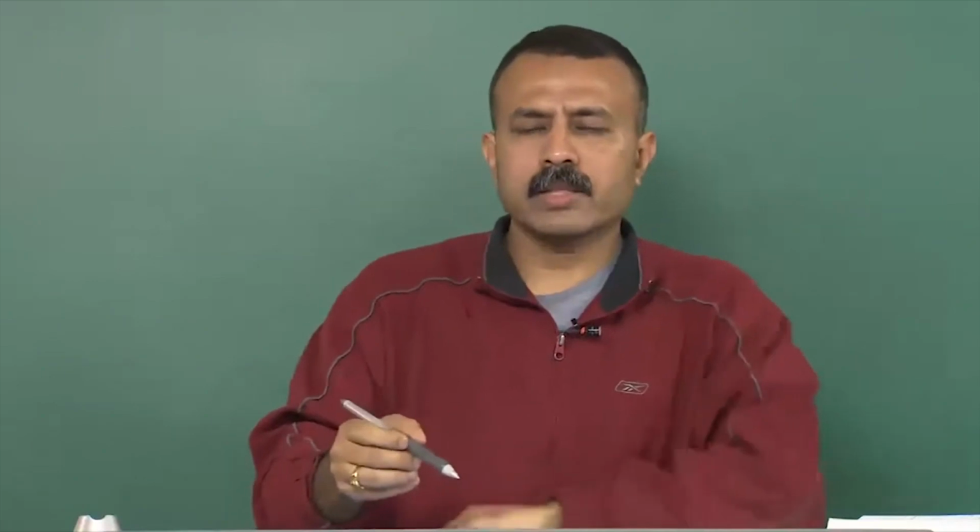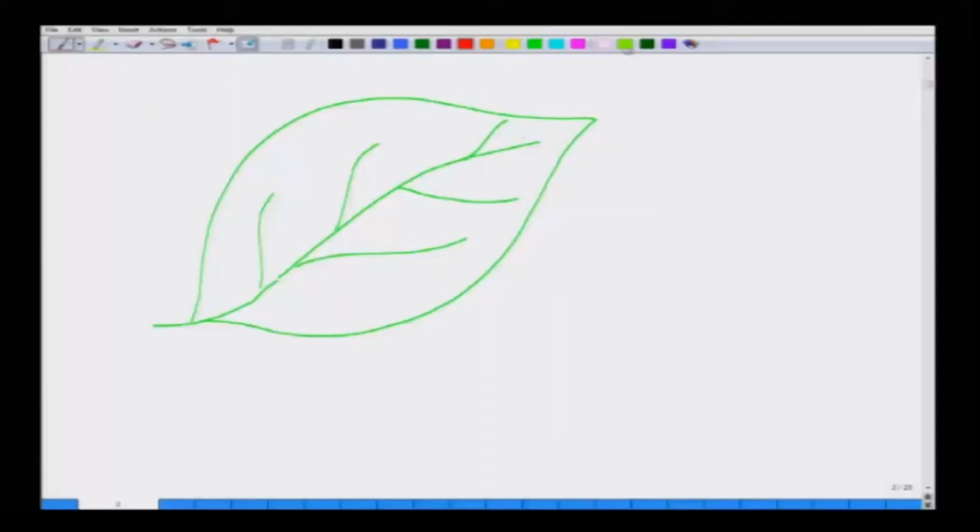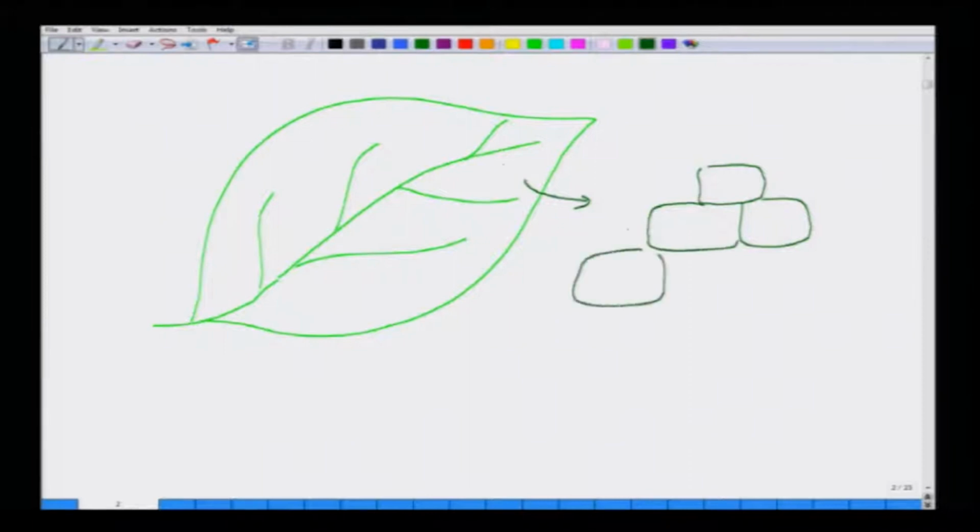If we look at this leaf, this leaf essentially consists of a series of cells like this. These are the individual cells. If I take a cross section, these cells have something called a cell wall, and inside the cell wall you have the whole machinery of everything.